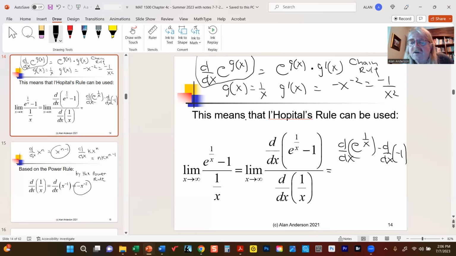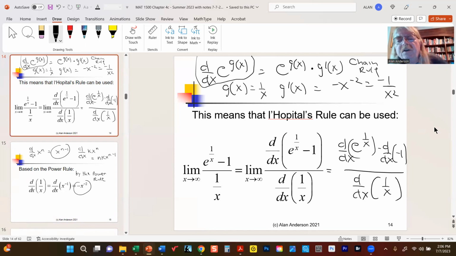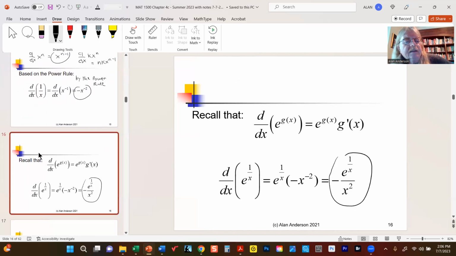Because that's just going to go to 0. It's a constant. So for all practical purposes, what you're actually differentiating here is e to the 1 over x divided by the derivative of 1 over x. Okay.